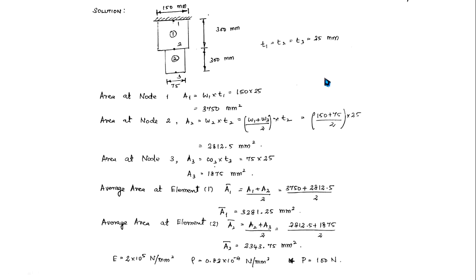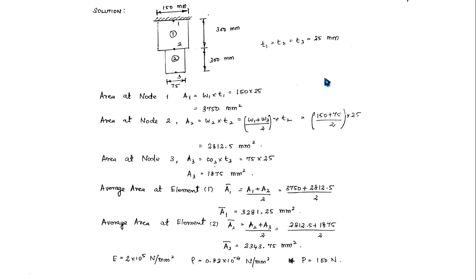Now for this problem, there is an additional step, which is an area calculation, because we are working on some assumption. You cannot take it as such. So now you have to calculate the nodal area. First you have to calculate the area at each node, and from that you have to calculate the area of the element. Hope you are clear. For this type of problem, where you convert a tapered bar to a stepped bar, there is an additional area calculation.